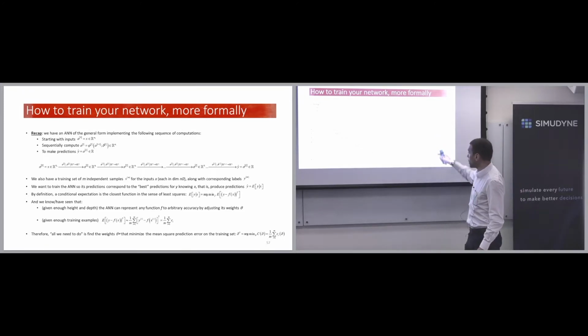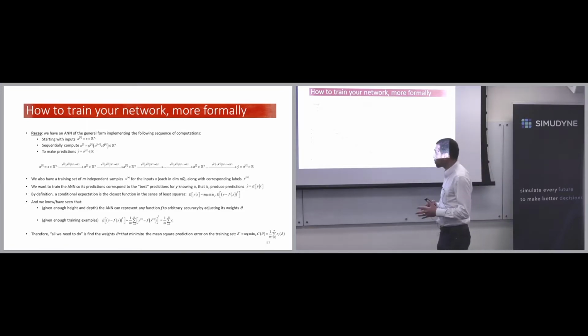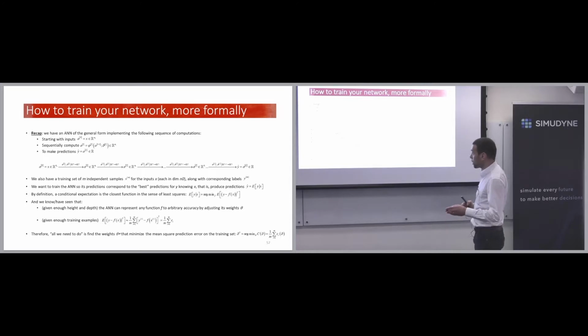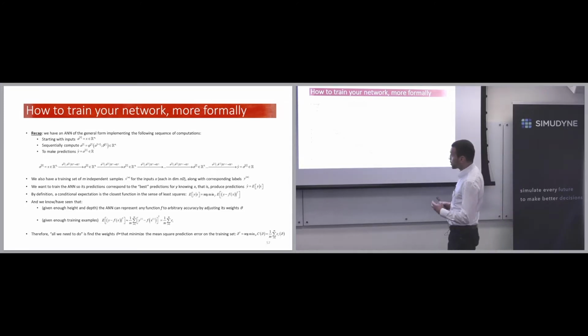And I would like to train my neural network so that it will give me the best possible prediction, so the conditional expectation. Now, as you probably remember from probability 101, the conditional expectation given x is the closest function of x to y in the sense of least squares.